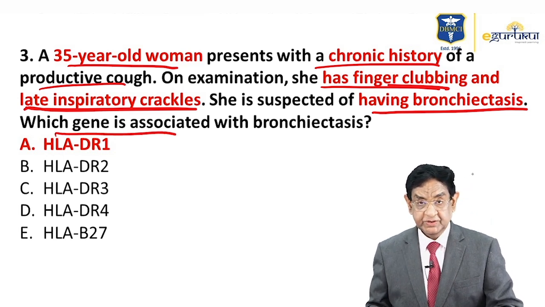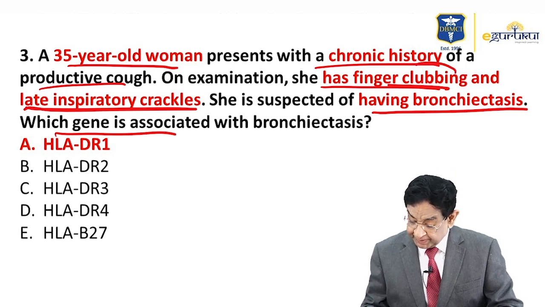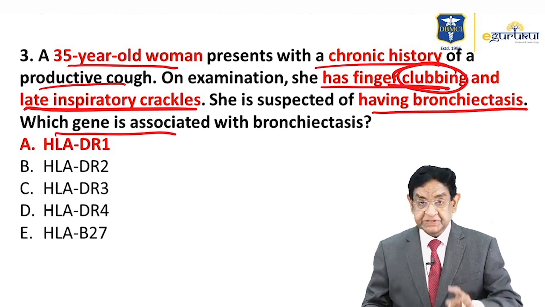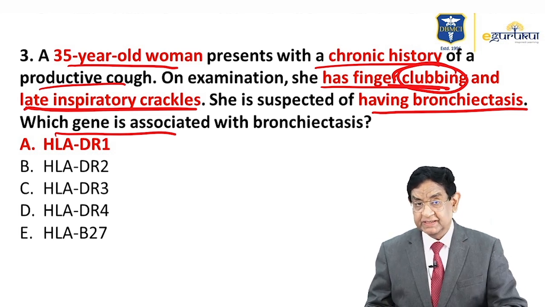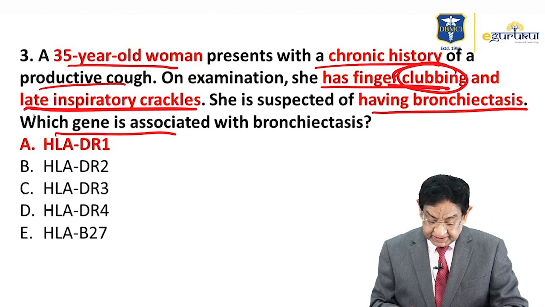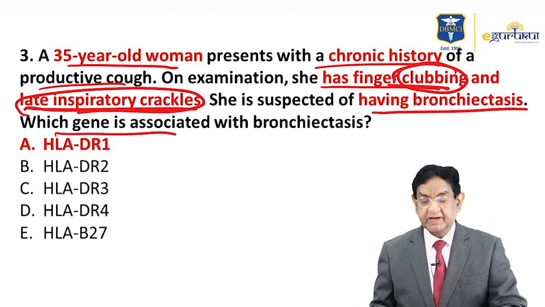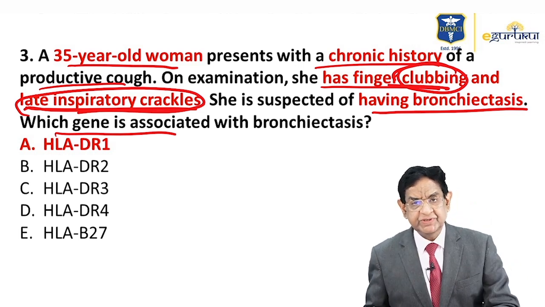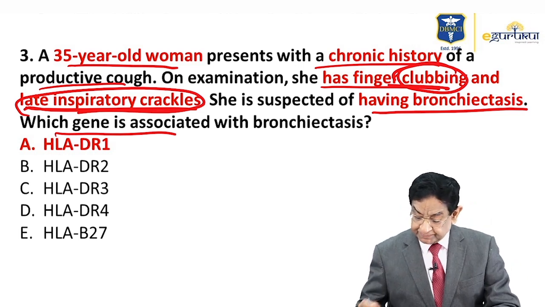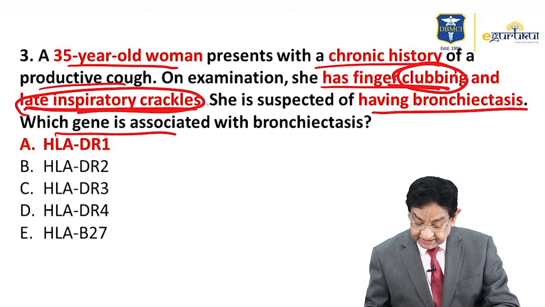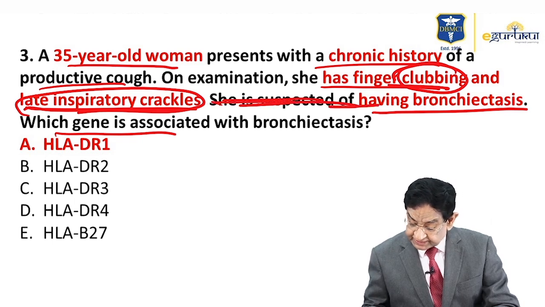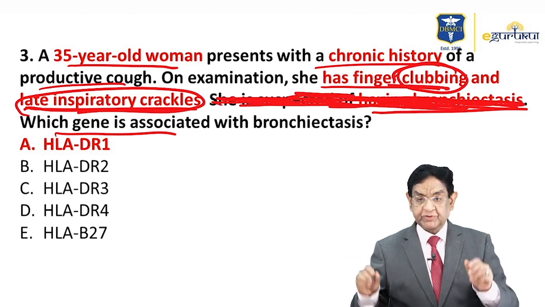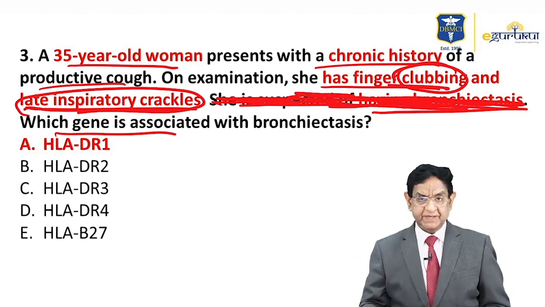First of all, look into the findings: clubbing, and late inspiratory crackles, the two classical findings which strongly suggest bronchiectasis. Suppose they say this is not there, this is not there, and just leave the question like this, it would have been much better.